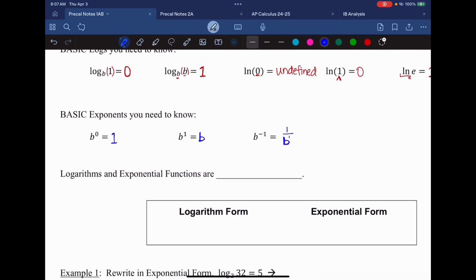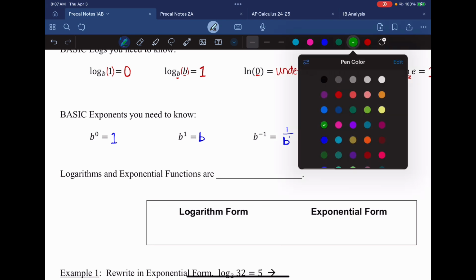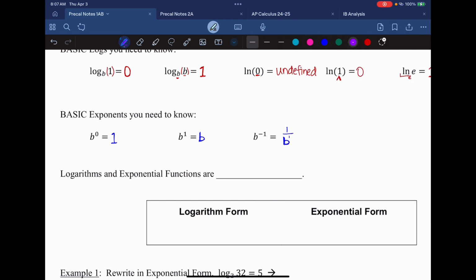Logs and exponential functions are related because they are inverse functions. One undoes the other.